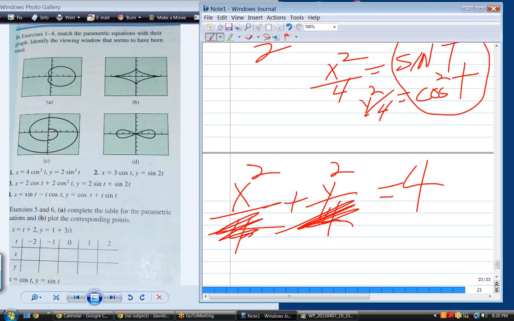from going from 0 to 3 pi over 2. Well, I'm pretty sure if memory serves me right, that to draw the entire circle you got to go from 0 to 2 pi. If you go from 0 to 2 pi, you get a whole circle like that. Which means that if you go from 0 to 3 pi over 2, you're only going to get that much of the circle.